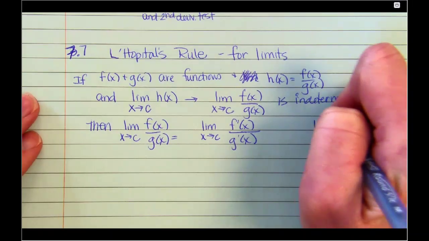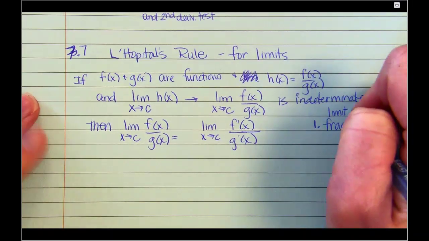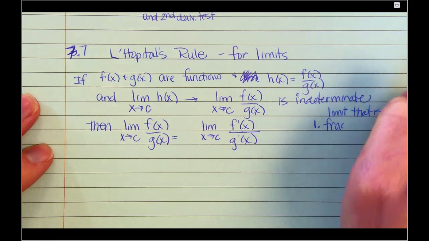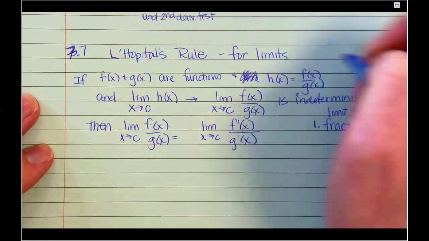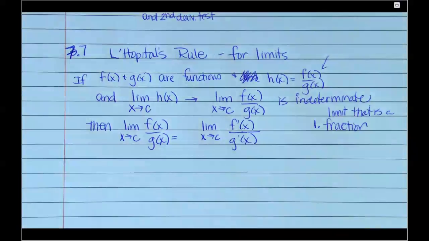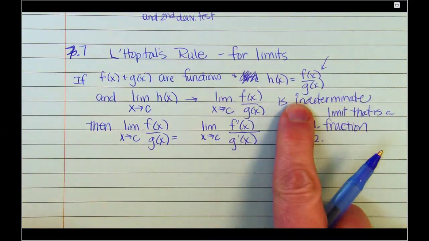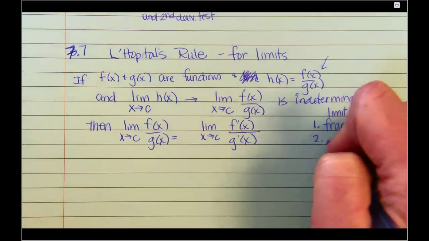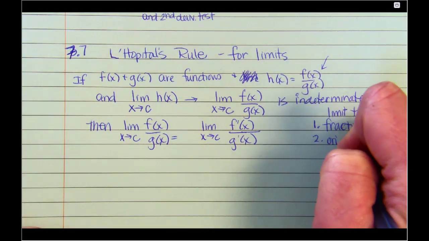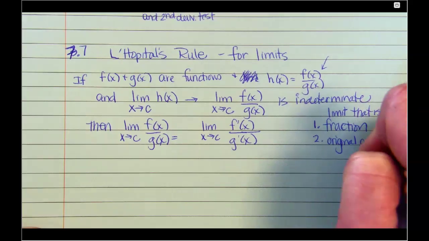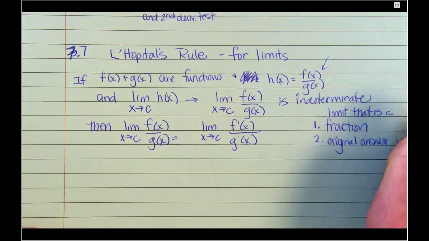This is only used for a limit that is a fraction, so an f of x divided by a g of x. The second thing is that it only works if we are talking about indeterminate forms. So the first time when you plug it in, the original answer is indeterminate.